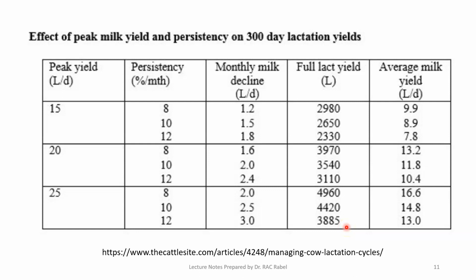So if you know the peak, you can estimate the total yield by multiplying it by 150 for rapid decline, or 200 for good management conditions. For extremely good management conditions, they say you can even multiply by 220.